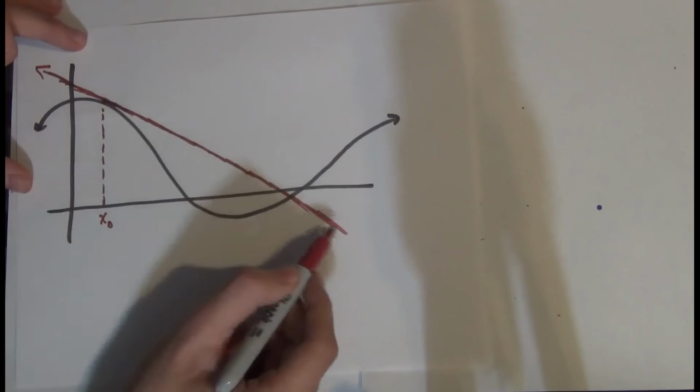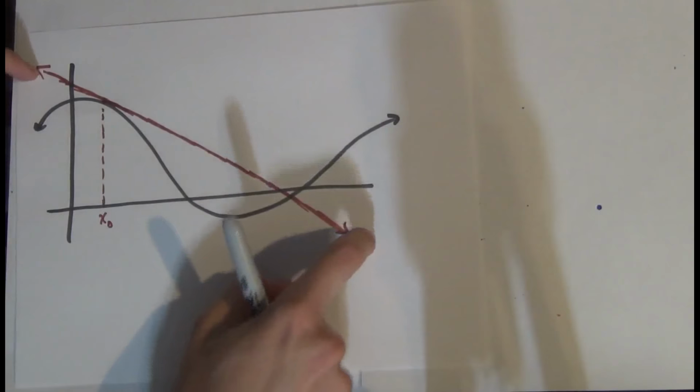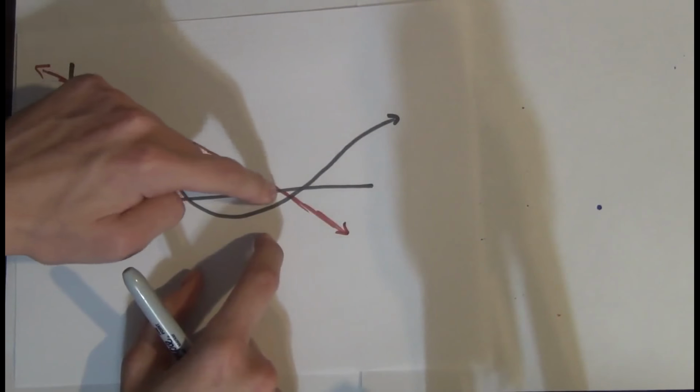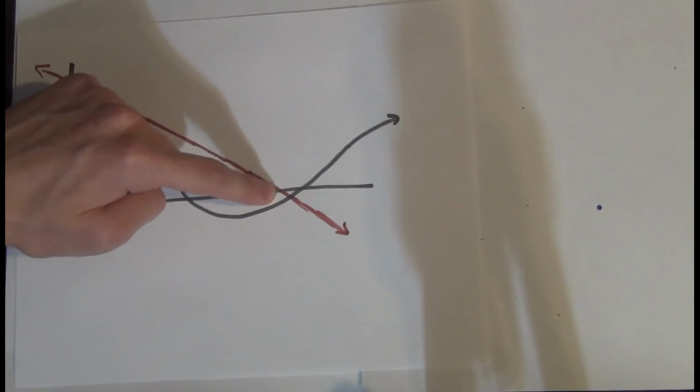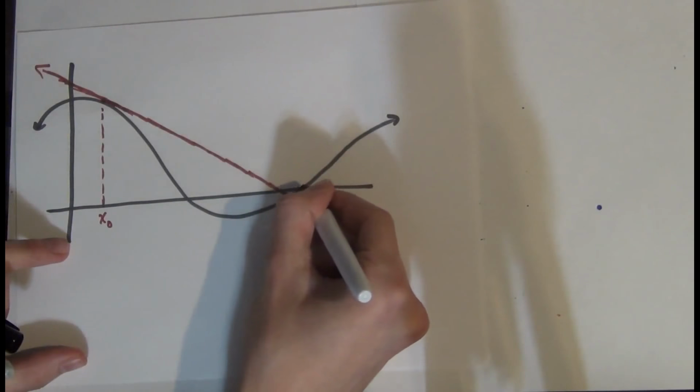So that is my tangent line. And you can see that tangent line hits the x-axis at something that's really, really close to what it actually is.